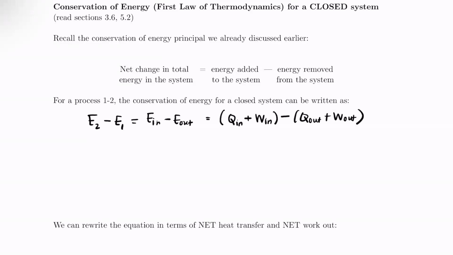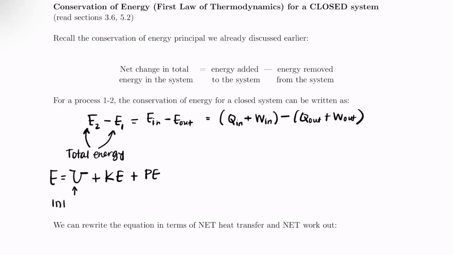All right, and just note that this E1 and E2 is the total energy, where our total energy is broken down into internal energy, kinetic energy, and potential energy all summed together.